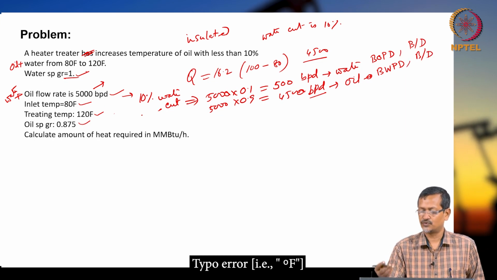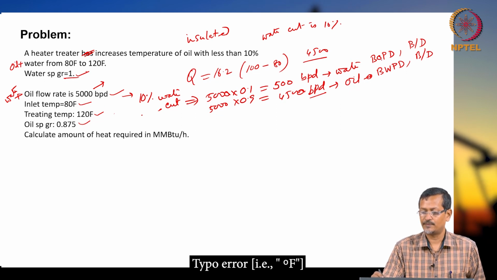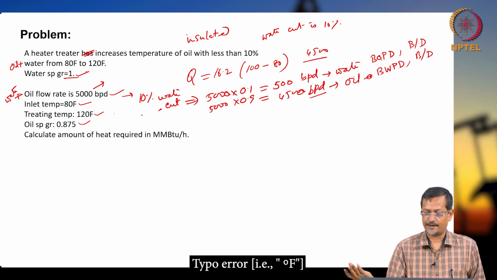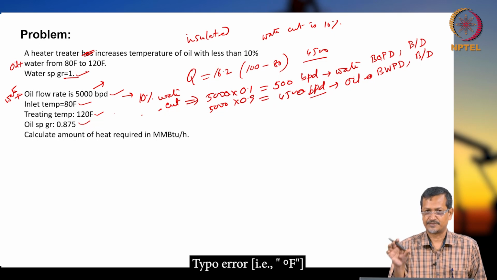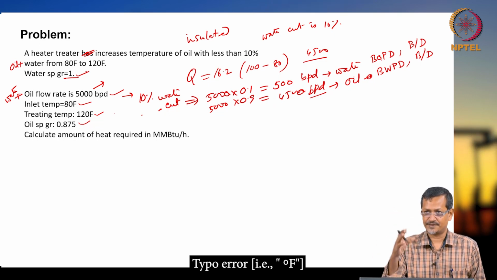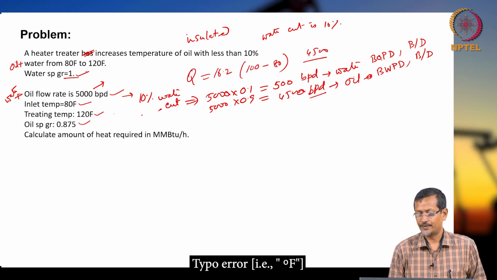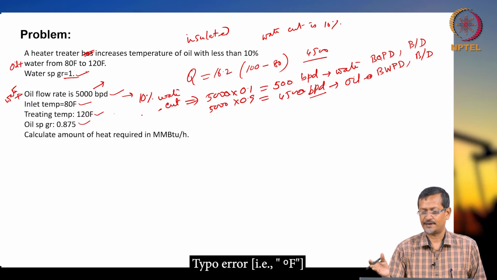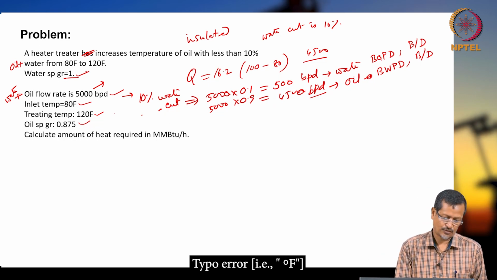Many books write BOPD, BWPD meaning barrel of water per day, BOPD meaning barrel of oil per day, B/D meaning barrel per day. Sometimes we say blue barrel. Initially, 100 years back, people were using blue colored drum barrels, so that is why they write the name blue barrel. So, whether you write in small letter, capital letter, or B per day, BOPD or BPD, everything is okay, because there is no standard rule for that.